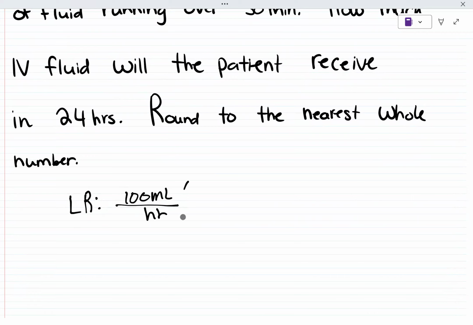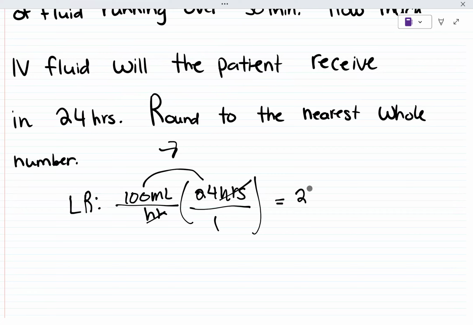And we want it in a total of 24 hours, right? We want the total amount, because we want our final answer to be milliliters. So that's why I'm going to multiply this by 24 hours. As you can see, the hours disappear, and then you're left with milliliters. Just multiply across. So what's 100 times 24? 2400 milliliters.